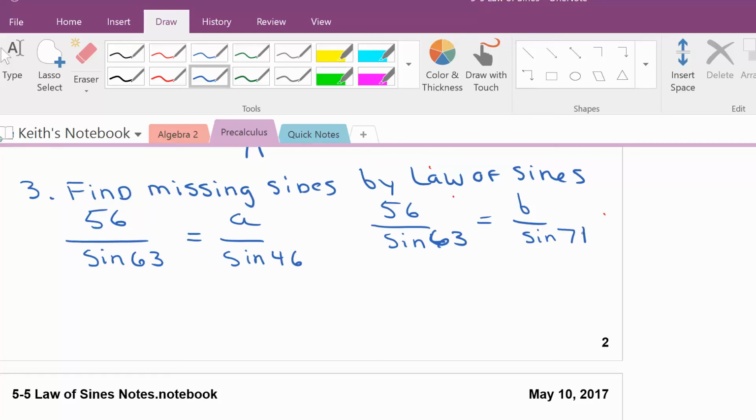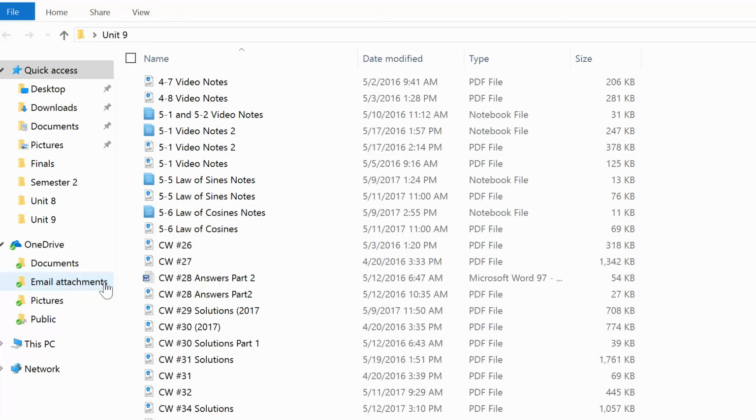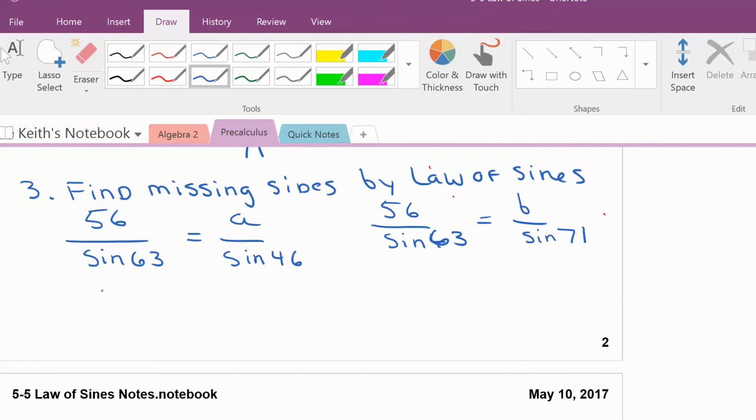You're going to have to get out your calculator because here you cross multiply. So it's A sine 63 equals 56 sine 46. And then you divide by sine 63.